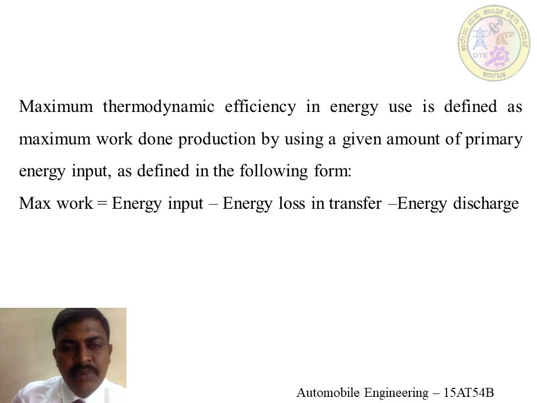That is, maximum work is equal to the energy input, that is what input is given, minus the loss in the energy transfer, and the energy discharge. So when we subtract energy loss in transfer and energy discharge from the energy input, the maximum work done by the plant can be found easily.